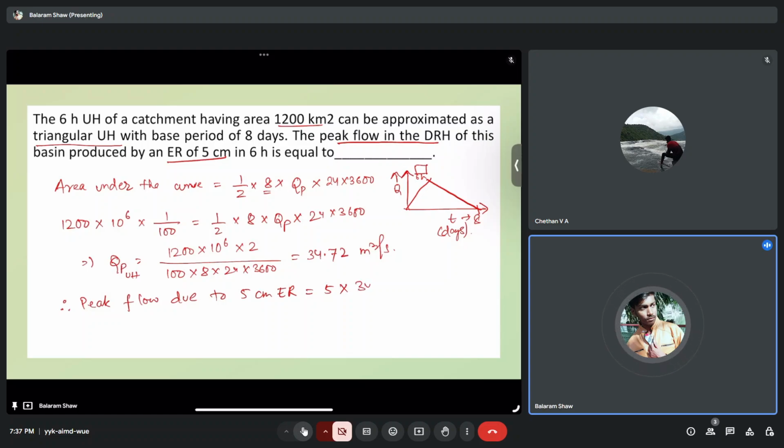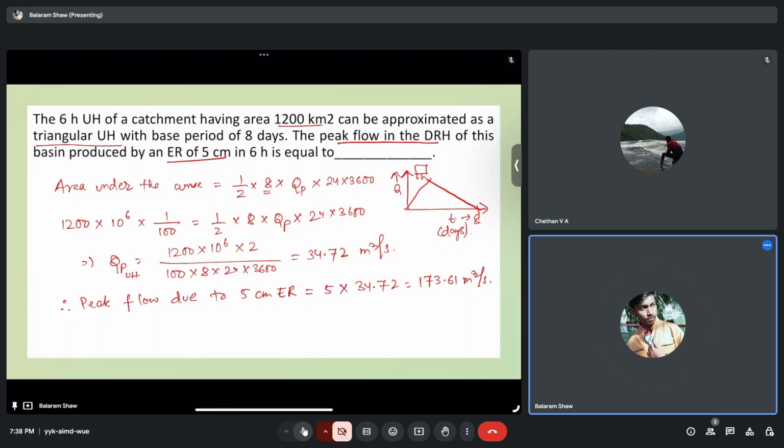It will be 34.72. Let's multiply. How much are you getting? 173.61 meter cube per second. So this will be the answer. I hope you guys are also getting the same. So the range is 170 to 175 meter cube per second.